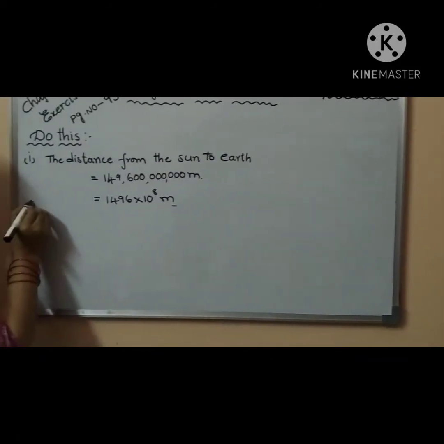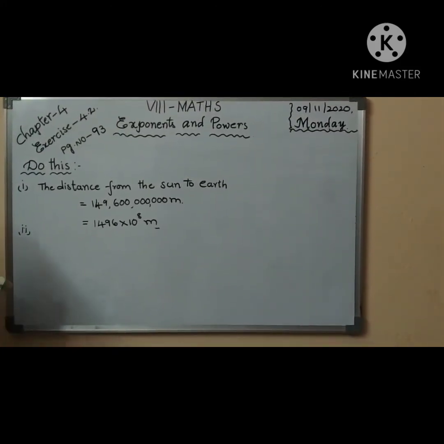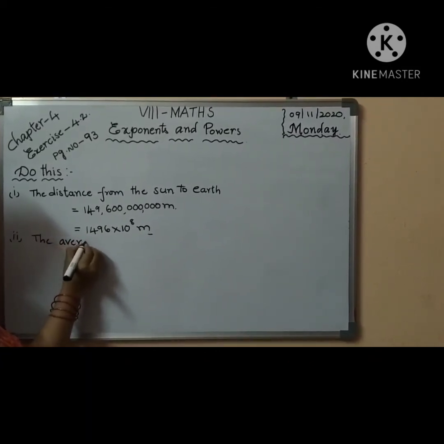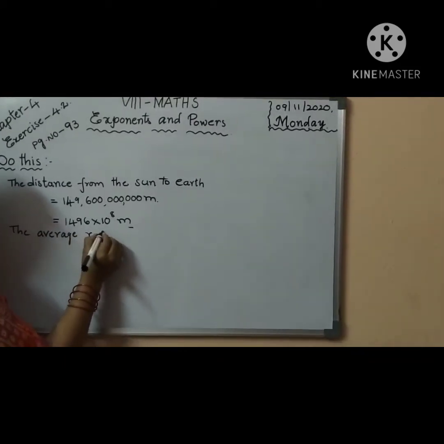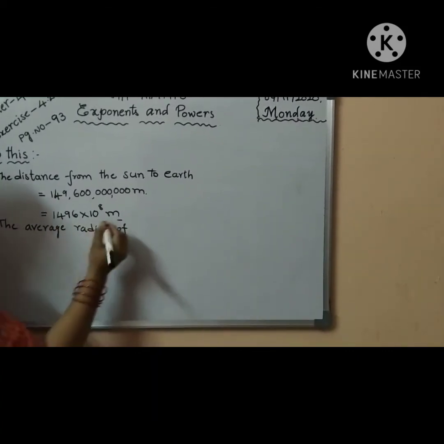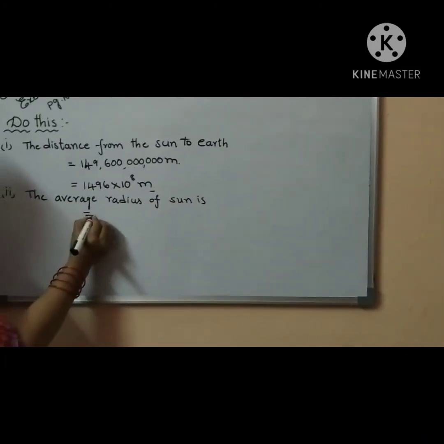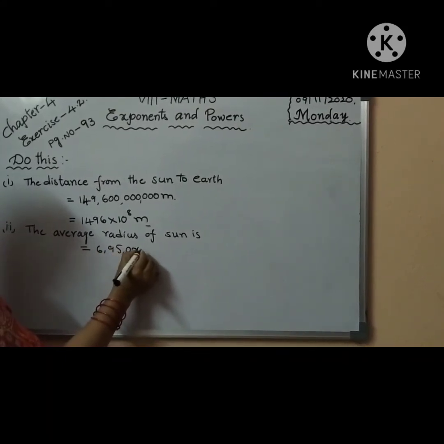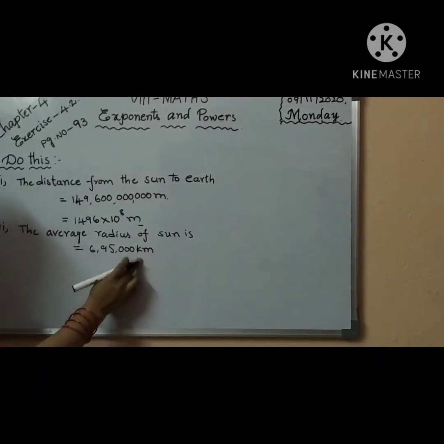Okay, the next, second one. What is the second one? The average radius of the sun is equal to 6,95,000 kilometers.